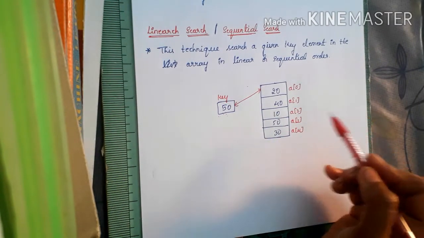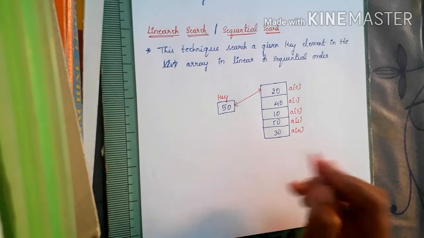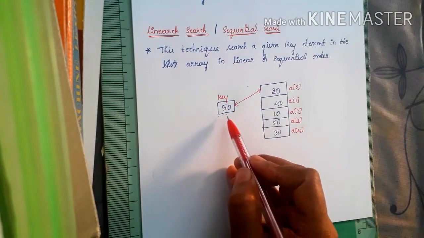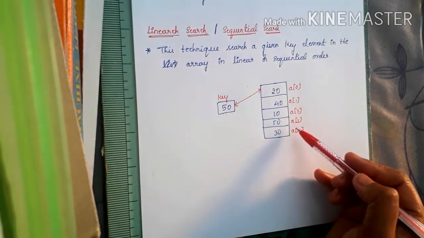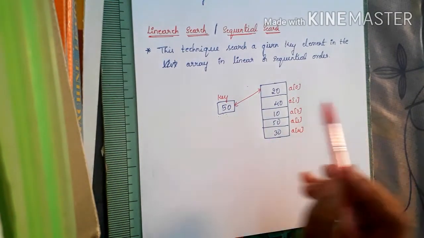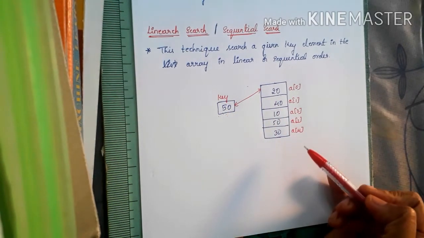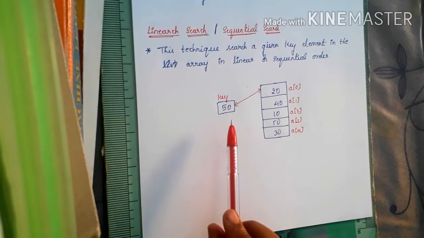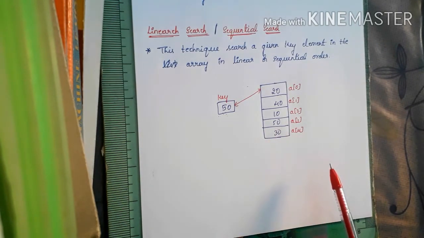In that case, it prints the output message successful search. In case the key element does not match any of the elements of the array, it means the key element is not found in the array. So in that case, the linear search technique outputs the message unsuccessful search.